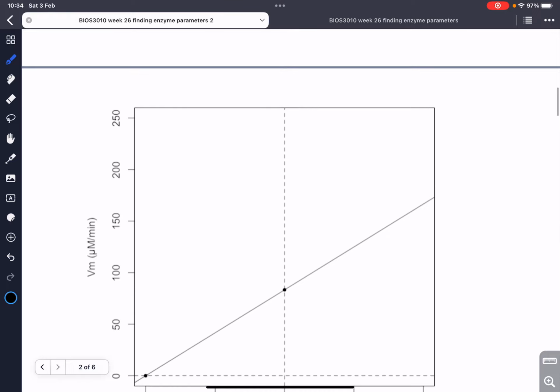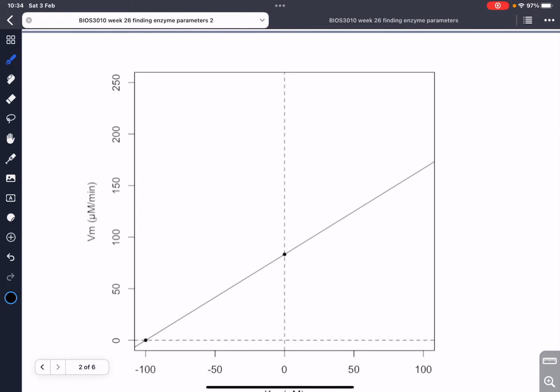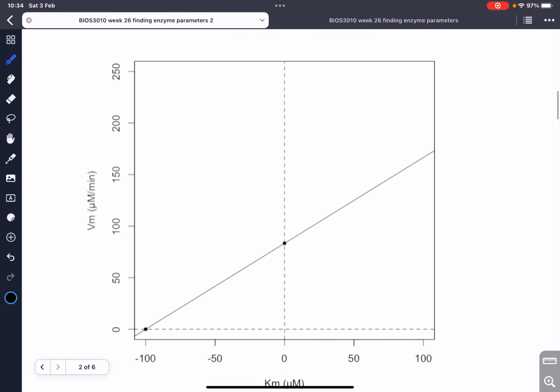So what we see here, and here I've done it with the proper numbers, is that, for example, if we use a substrate concentration of 100, then we get negative 100 here, that's our substrate concentration.